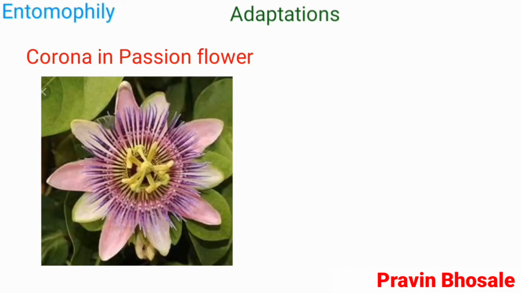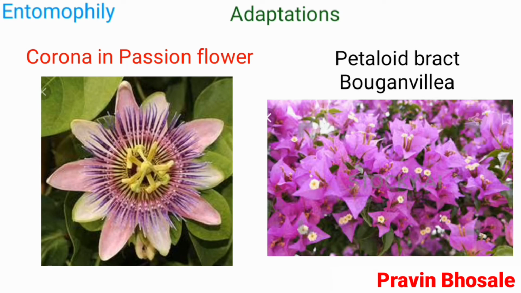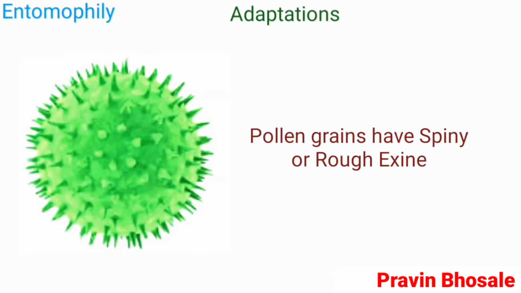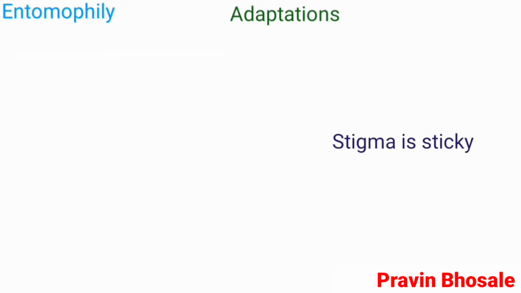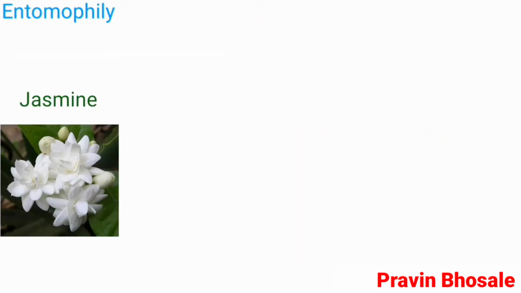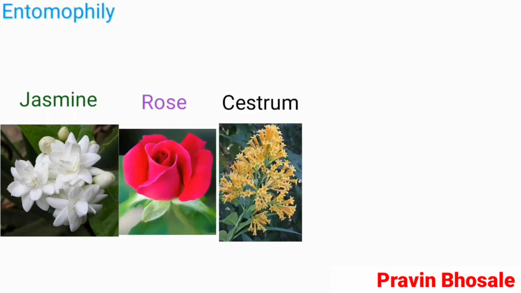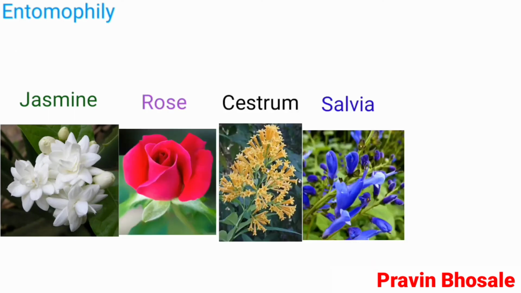Example, corona in passion flower, petaloid bracts in bougainvillea. The pollen grains have spiny or rough exine. Stigma is sticky. Examples: jasmine, rose, cestrum, salvia, bougainvillea.